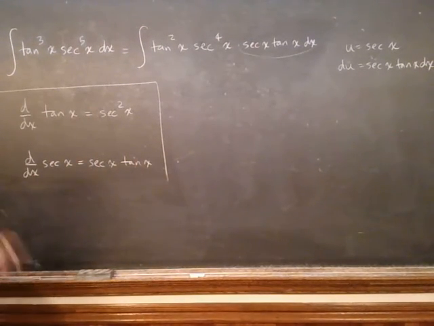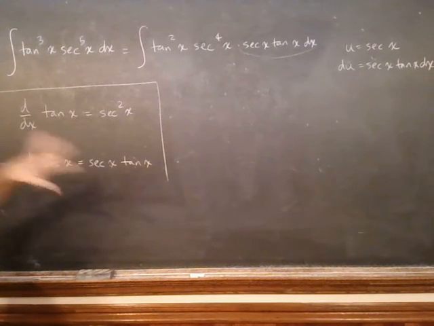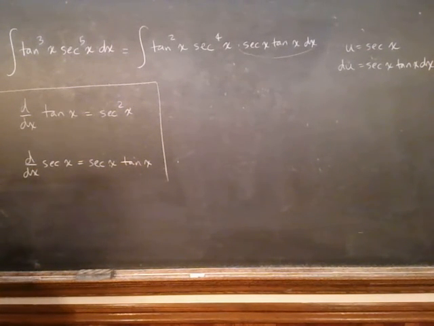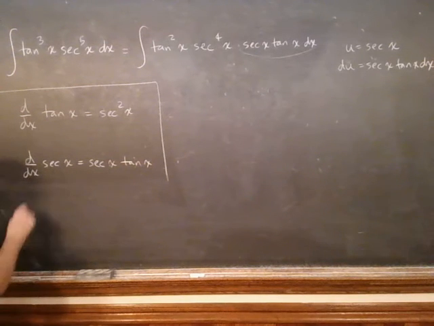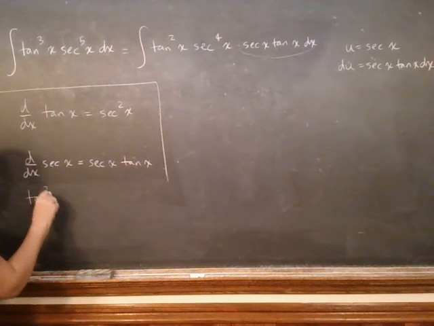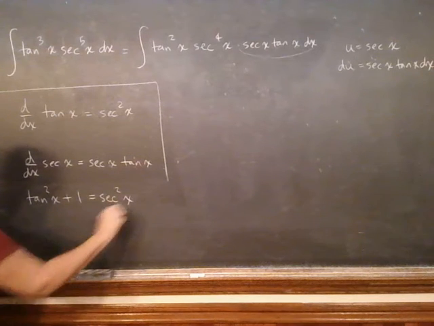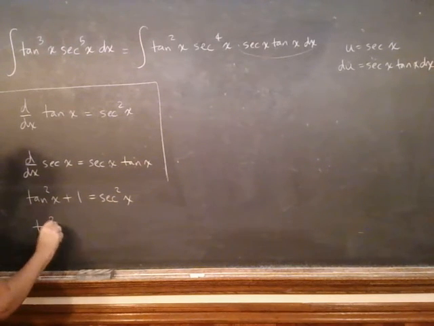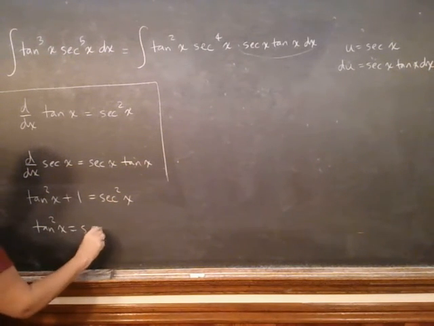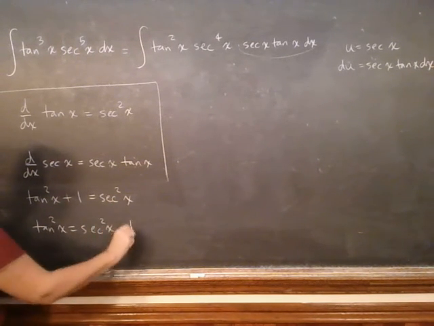Alrighty. So that's what I want to do. I want to make everything secants now. So I had tangent squared plus 1 was secant squared, which means that tangent squared is secant squared minus 1.